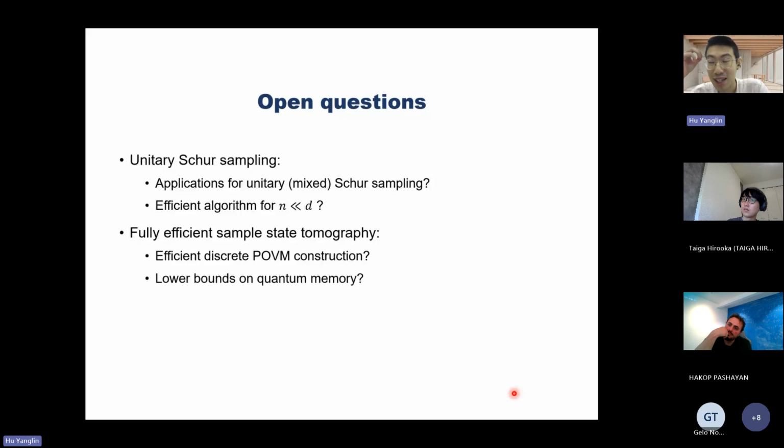We also looked at Robert Huang's method to sample Haar random unitaries efficiently.